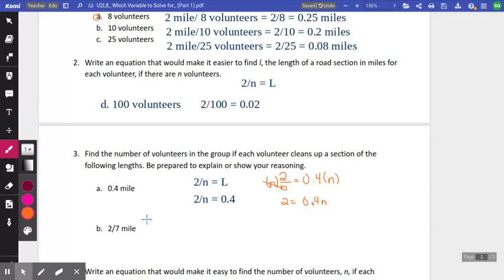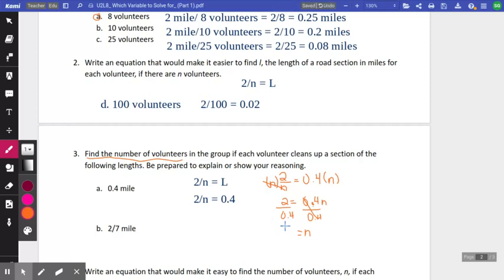After that, the last part is solving for N. We're still trying to figure out N because we're trying to figure out the number of volunteers. So to finish this up, I'm going to divide both sides by 0.4. And when I do that, on that right side, those 0.4s cancel out, and we're just left with N equals, and then on that left side, 2 divided by 0.4.